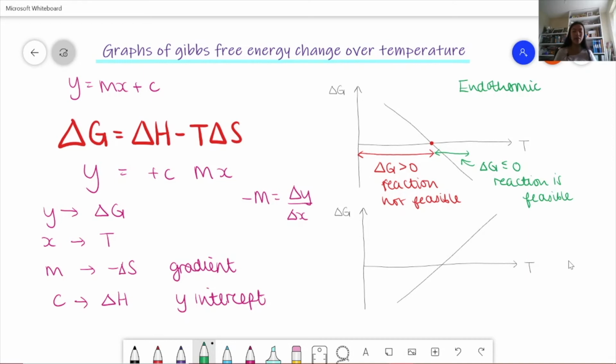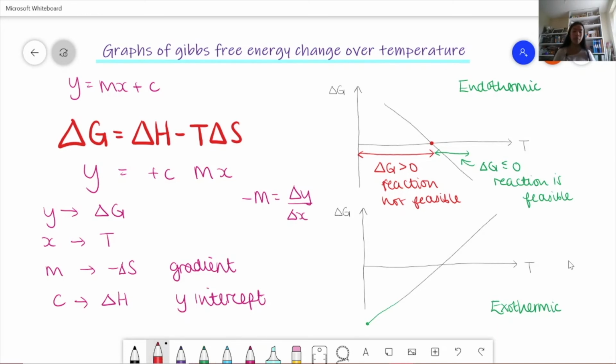Looking at the bottom graph, this is an exothermic graph, and we can see that because we have a negative delta H, because where it intercepts the y-axis will be somewhere down here, so it'll be negative. The delta S, the entropy change, will be negative because the gradient of it is positive, but the gradient is the negative of the delta S. Again, we can see where it will be feasible and where it will not.